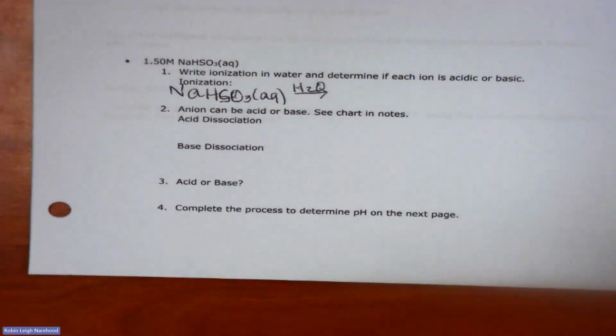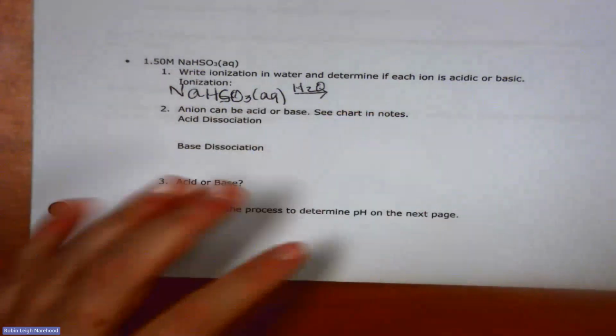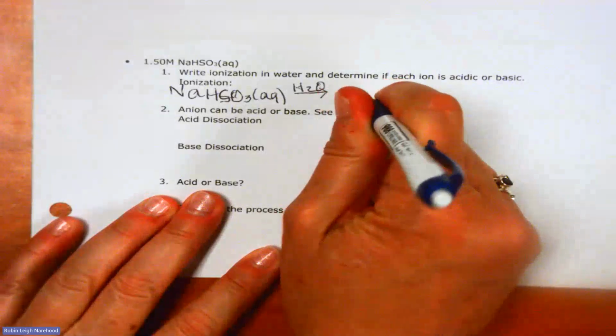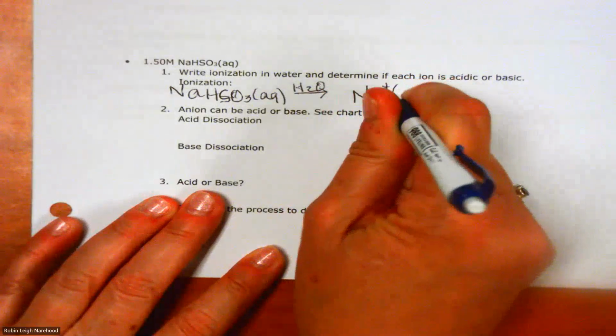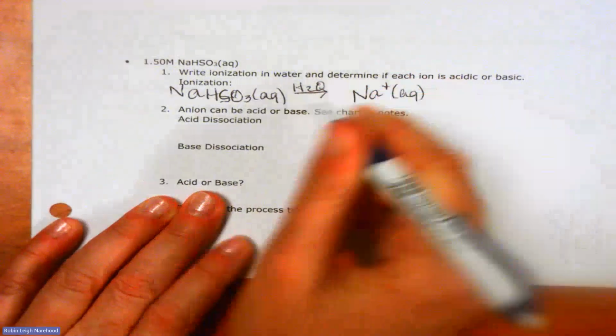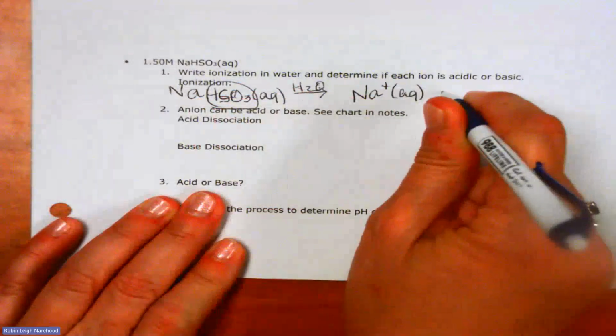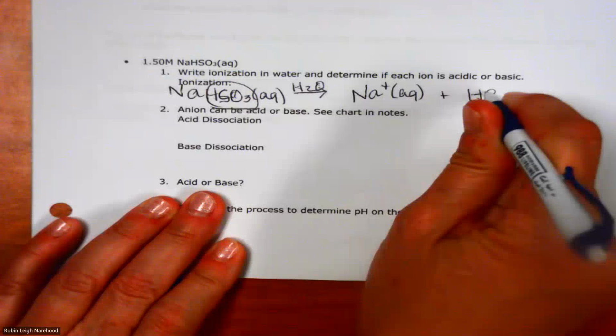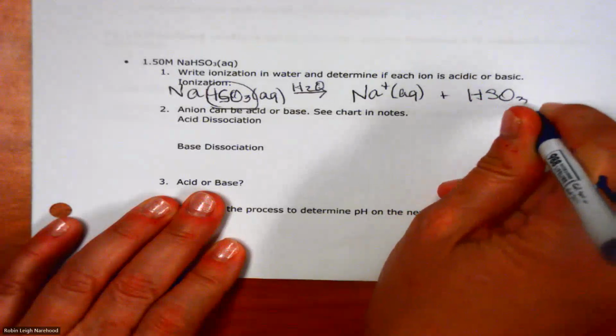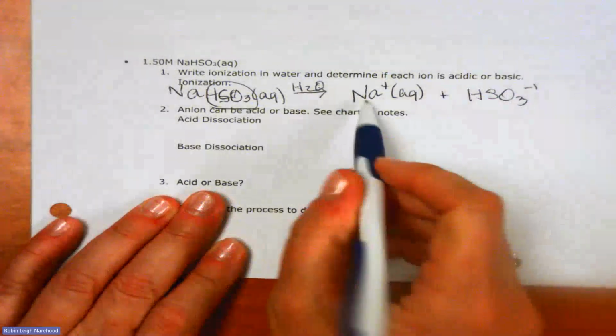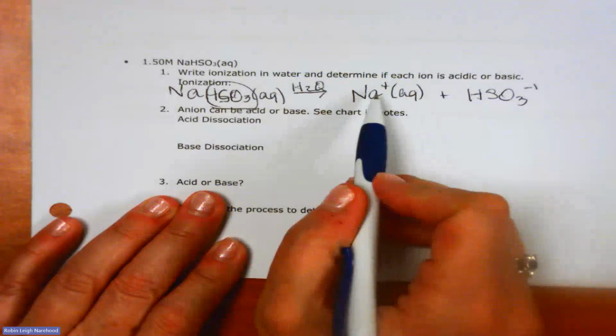Okay. So for the ionic compound, it is going to split into its cation, which is sodium. And then the rest of it is the anion. So HSO3, and that would be -1 because sodium is +1 and it's a 1-to-1 ratio.